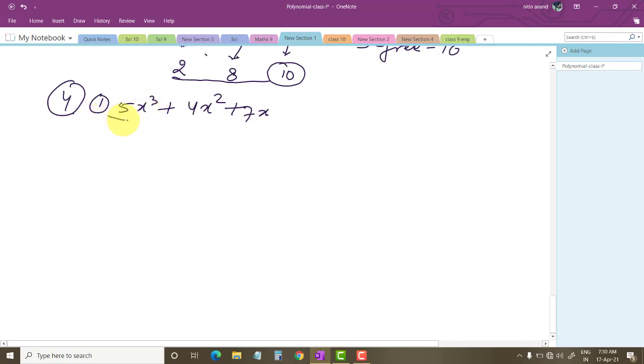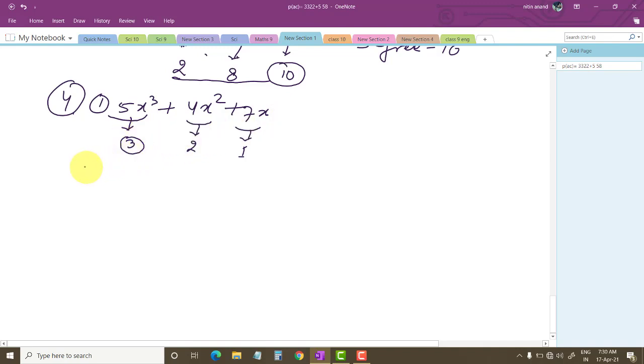In the first term the power of the variable is 3, in the second it is 2, and in the third it is 1. The highest among 3, 2 and 1 is 3.